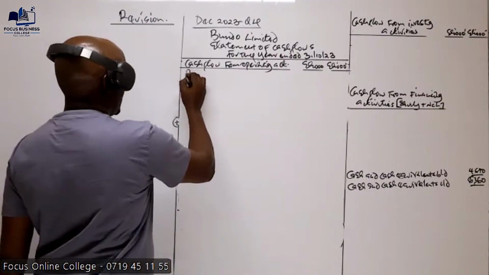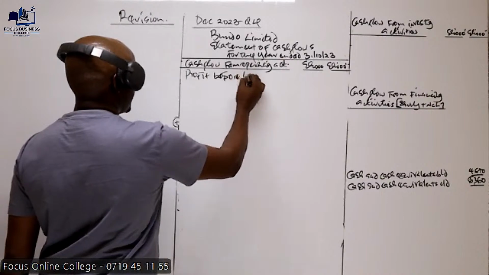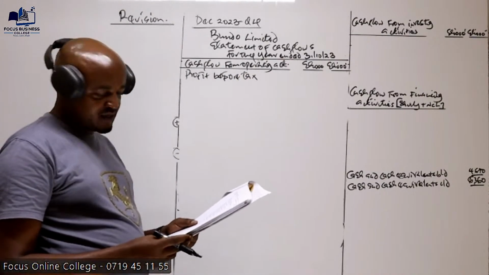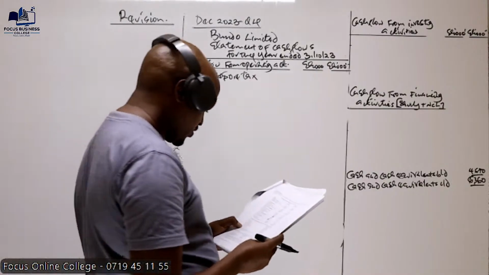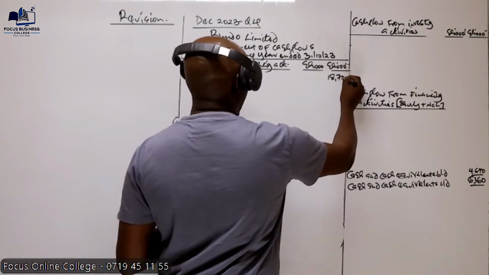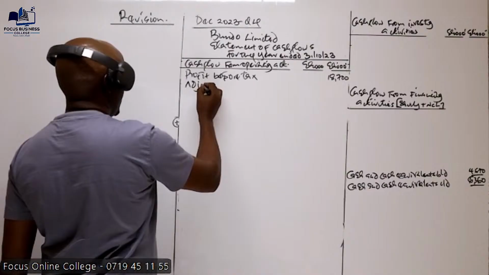Then from there, we proceed and record the profit before tax. Where do we get this one? We get this from the income statement, which is just above the additional information. The profit before tax is 18,700. And then we make a number of adjustments to this profit.